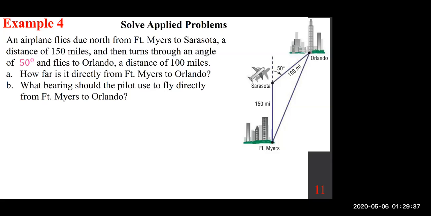So remember, the most important thing is to have the diagram. They have given us the diagram. So practically, they have given away the question. So with that being the case, we are going due north, 150 miles. Okay, so we have this distance, 150.